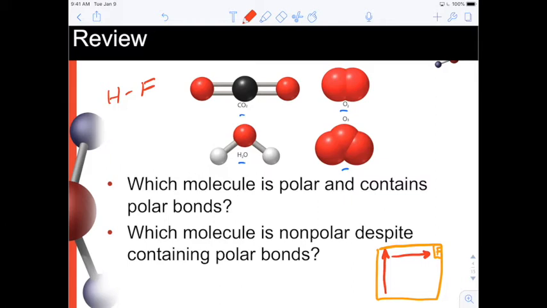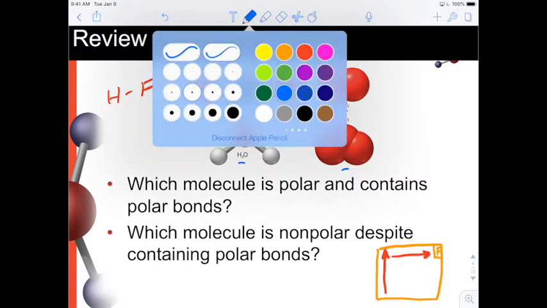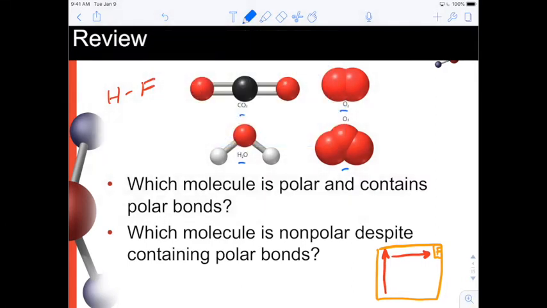One way we denoted that, at least in my class, was to show that the electrons are pulled towards the fluorine, resulting in a positive end to the molecule on the hydrogen. Another way we notate it is like this: a partial positive charge and a partial negative charge.